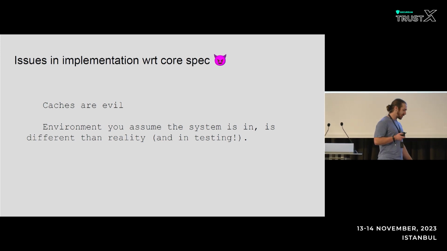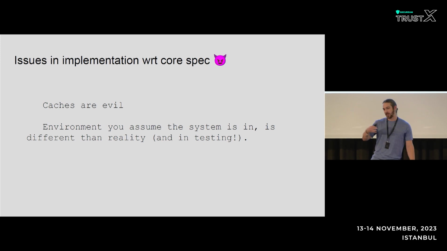So maybe in the testing environment, given this state and this block, what is the result? It's very correct. But in the wild, it turns out that you have all sorts of caches, you have pre-computes, you have all these other things where the assumption of where this code is running, in relation to the state that it's accessing, can be very off.